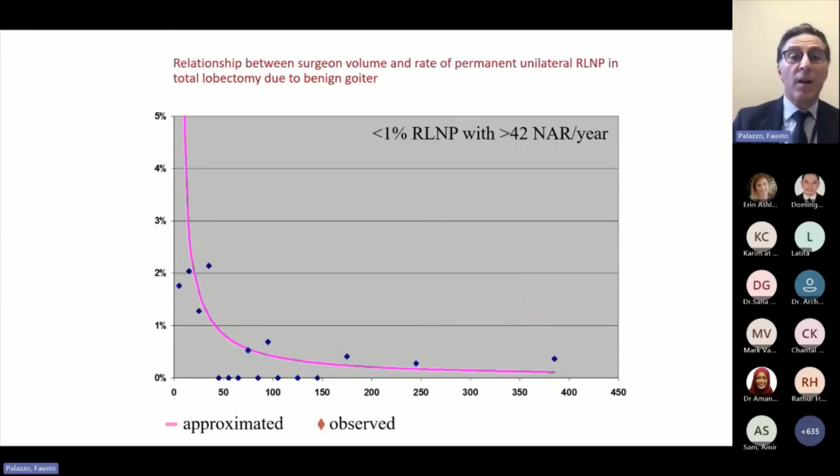And this is the graph from his landmark paper that shows that as you increase your activity annually, your rate of permanent vocal cord palsy goes down. So if you look here, this is at 100, we're dealing with effectively 50 total thyroidectomies. So if you do 50 thyroidectomies a year, your permanent nerve injury rate is going to be less than 1%.